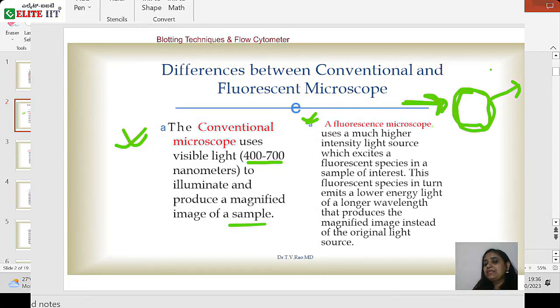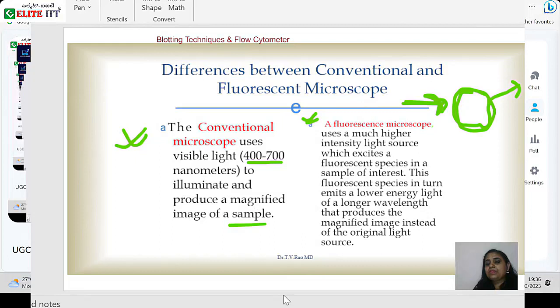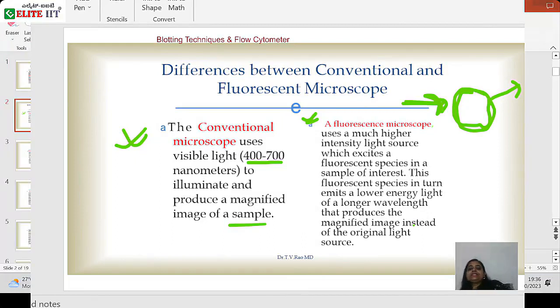Wavelength is higher means energy is less. That you know, no? If wavelength is high, then energy will be less. So initially the source light wavelength is less but the energy is high. But whenever it comes out of the fluorescent compound, the emission light has lower energy and higher wavelength.